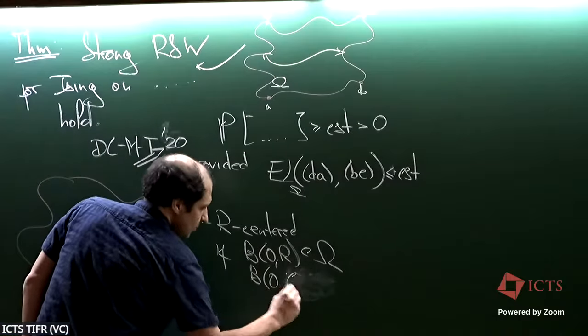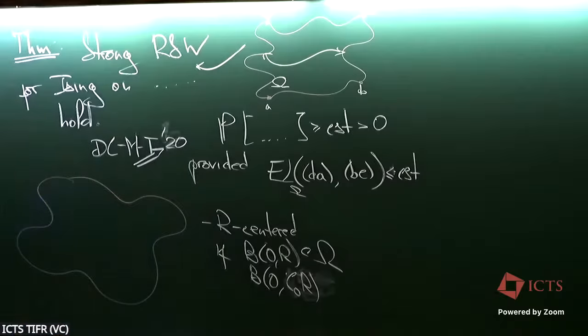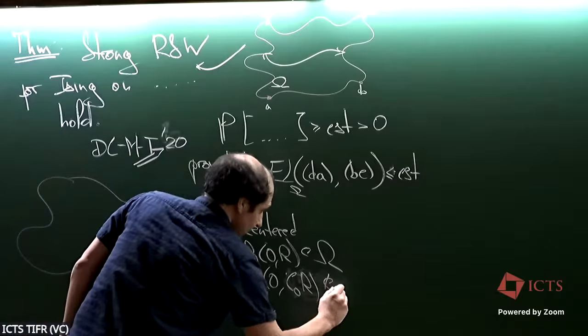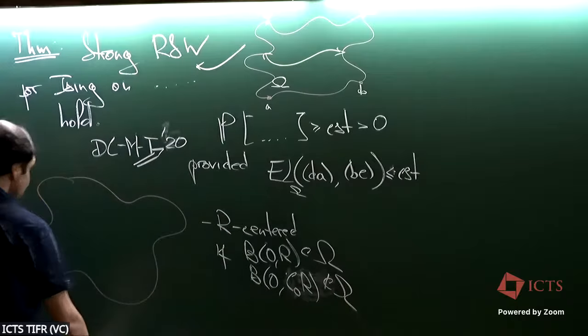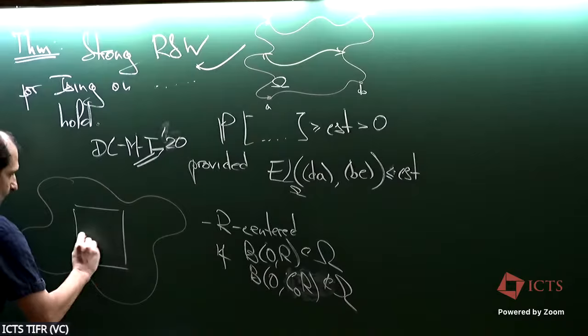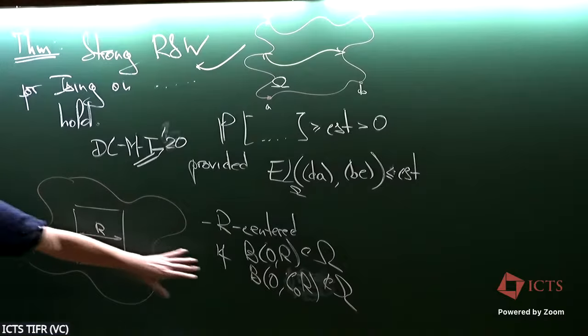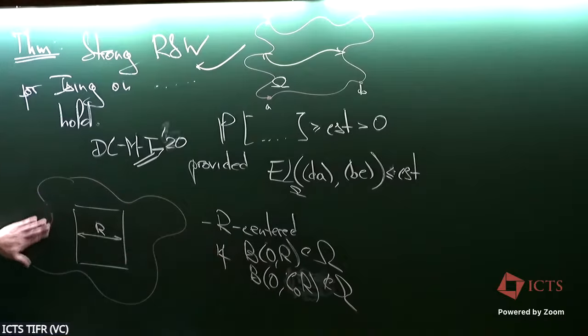So C naught will be a big constant. In their paper, this is just 2 or 3. Which means that, okay, here is my box of size R. And then I insist that there is a part of the boundary which is roughly at the same distance to that.